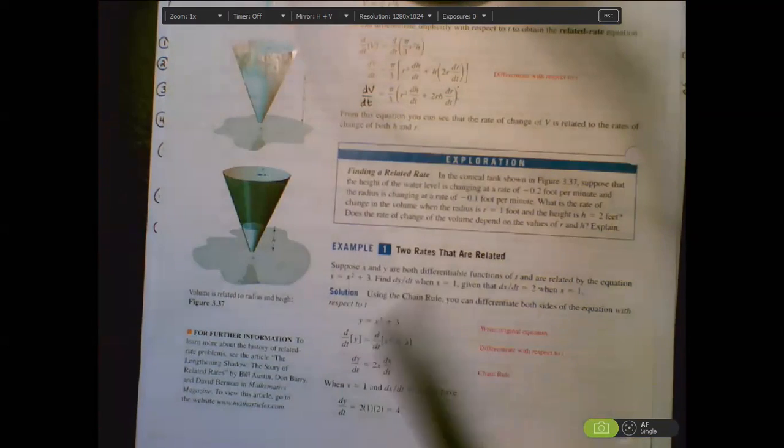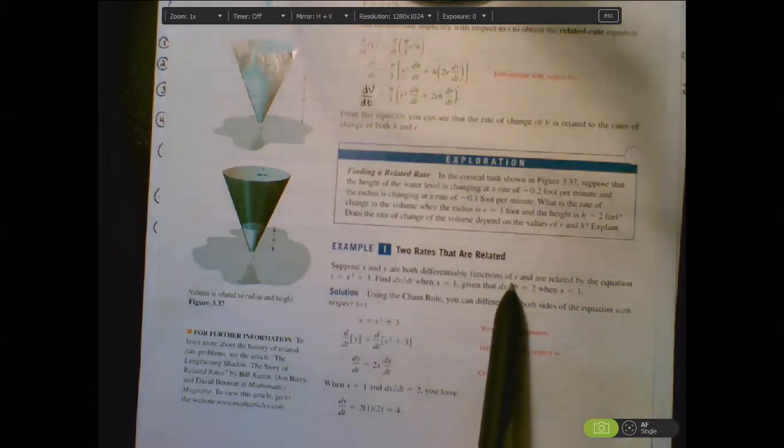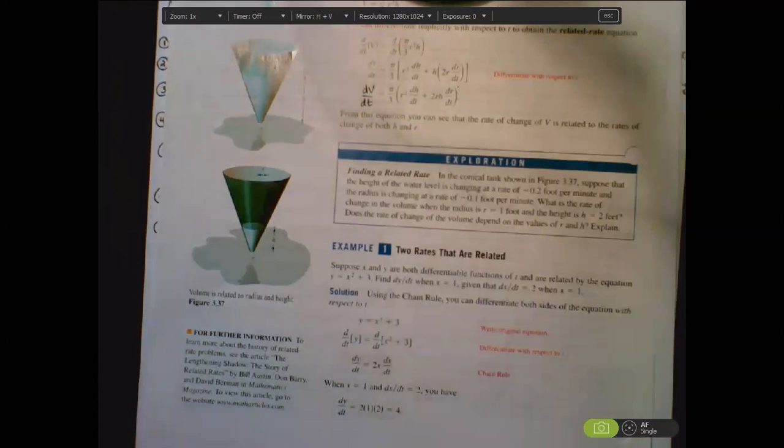Example 1 says, suppose that x and y are both differentiable functions of t. Hey, what does that mean? It says they're both differentiable functions. Well, what could make them not differentiable? Isn't everything differentiable?